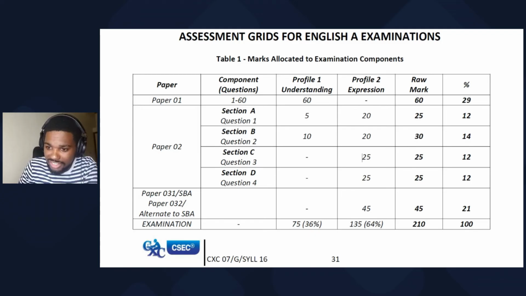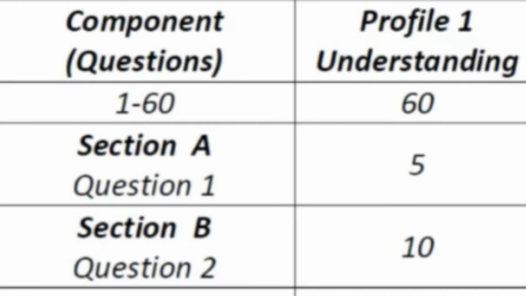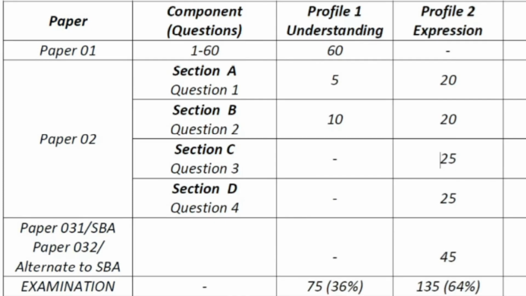So looking back at sections A and B, we see that there is some amount of understanding needed here. Section A is summary writing, right? You need to show some understanding, and you're going to show it basically by listing the 5 main points of the passage. The rest of it is all up to how well you are able to create that summary, which is expression 20.